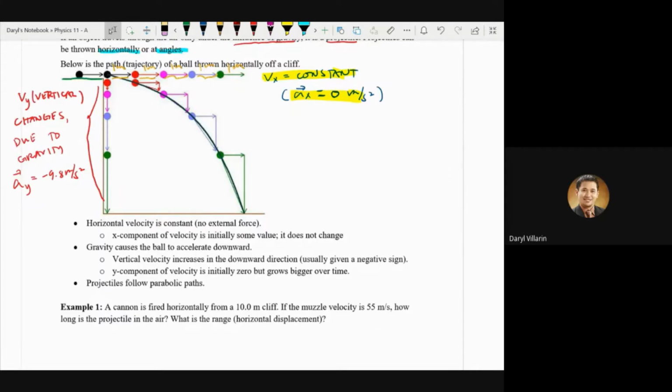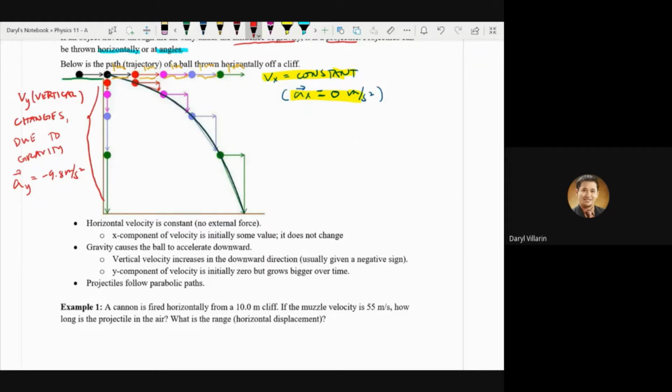If you graph this one, it is increasing, although it has a negative value. The negative sign here is due to the fact that it's moving down. But the magnitude of the velocity increases as you move down. As you move up, the velocity decreases, but still the value of the acceleration is negative 9.8. The negative sign indicates that as it moves up, the velocity decreases.